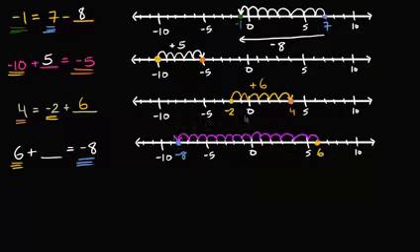So going 14 to the left, you could say that I just subtracted 14. And if we phrase it as 6 plus what is equal to negative 8, well, 6 plus negative 14. If this said 6 minus something, I could have just said 6 minus 14. But if it's saying 6 plus what, it's going to be 6 plus negative 14.